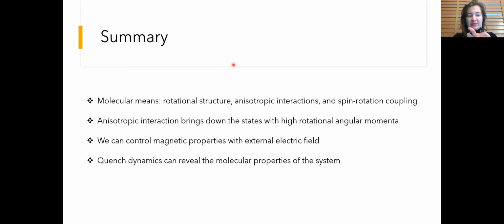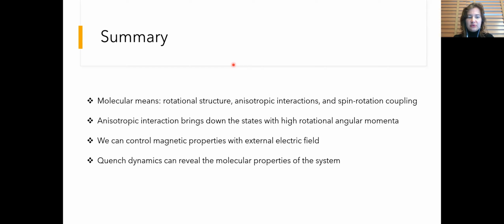I remind you again that the main thing anisotropic interaction does is it brings down the states with high rotational angular momenta. When it brings them down, it lowers their energy, so they are more present in the dynamics.